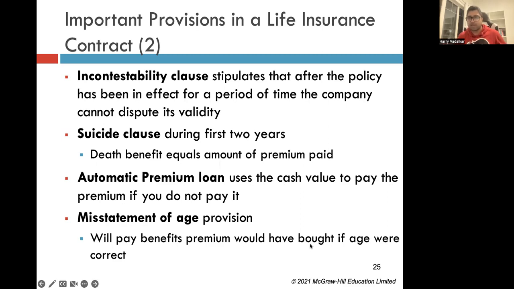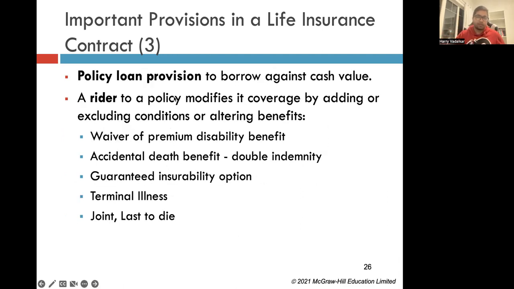So, let's say you claimed to be 1 year younger, then they will readjust the premium to reflect that. If you have a policy that can be turned into cash, especially whole life or universal life, you can take a policy loan. Policy loan provisions allow you to borrow against the cash values in the policy.